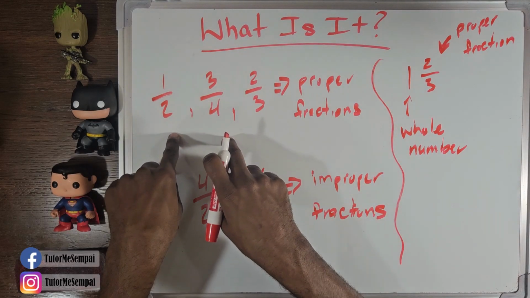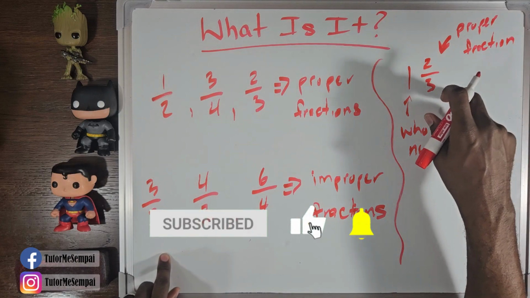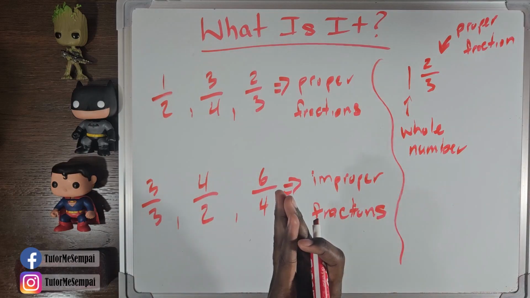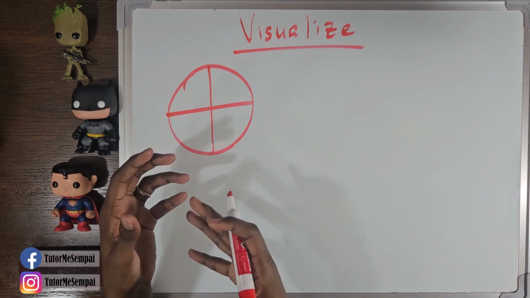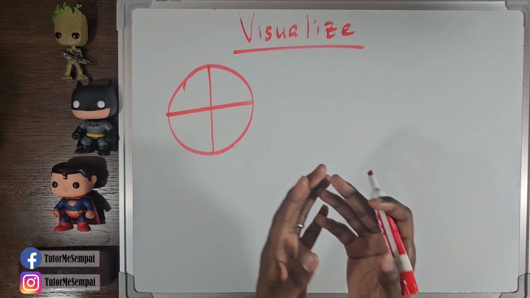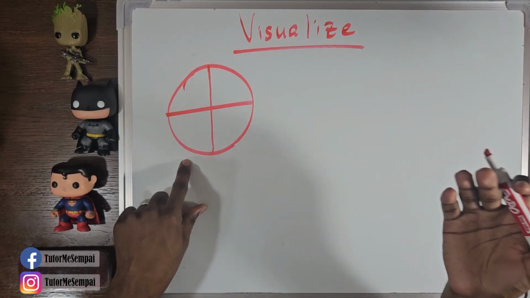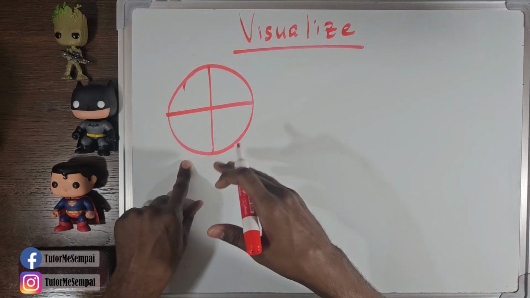So we have proper fractions, we have improper fractions, and then we have mixed numbers. We've talked about what they mean definition-wise, but let's bring this to life with a visual. When thinking about your improper fraction and your mixed numbers, you're going to tackle it the same way you would a proper fraction. So let's start with a proper fraction. Let's say I have a slice of pizza out of this pizza pie cut in 4.